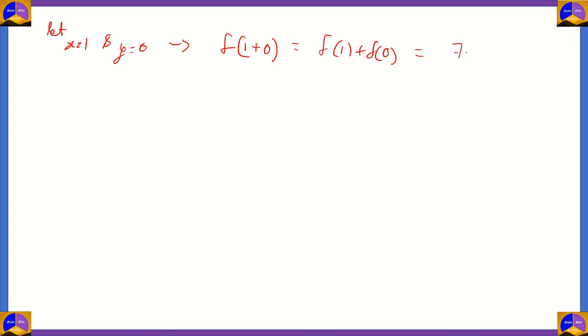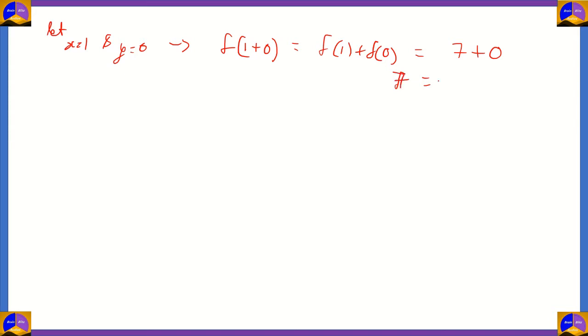But now we're going to take x equals 1 and y equals 0. So what you get is f of 1 plus 0. Then according to the given condition, it will be f of 1 plus f of 0. F of 0 is 0 and f of 1 is 7 as given in the question.